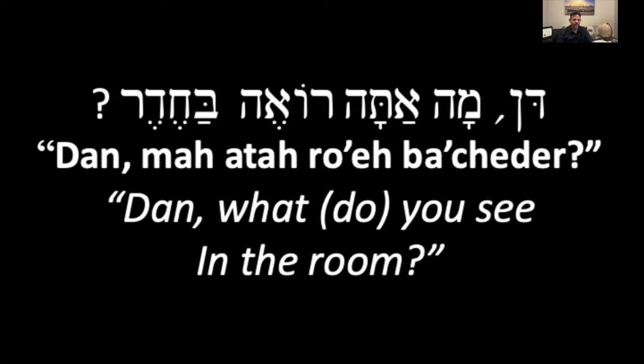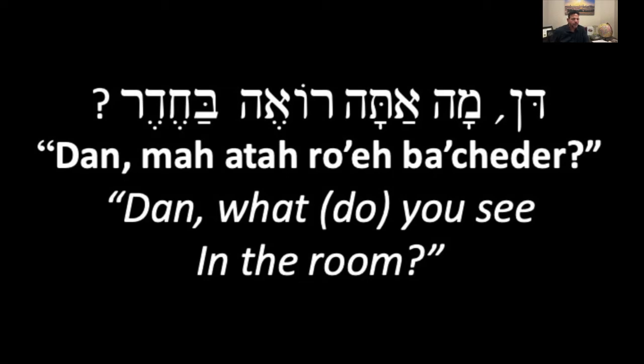Dan. Ma, which is what. Ata, which is you. Ro'eh, which is to see. Ba, which is in. And cheder, which is room. Dan, ma'ata ro'eh ba'cheder. Dan, what do you see in the room?